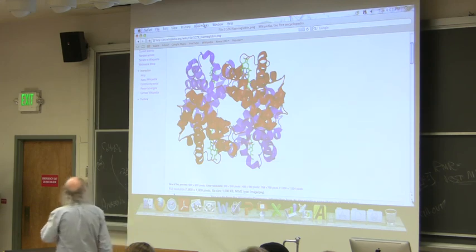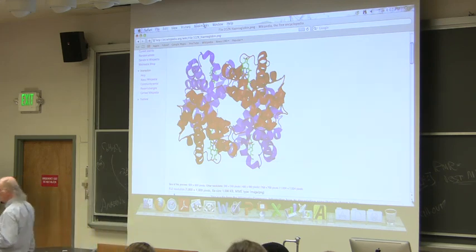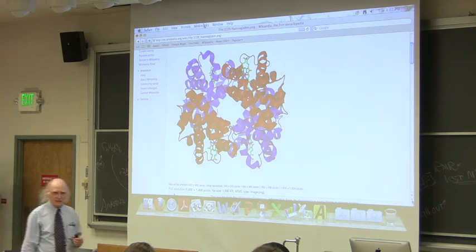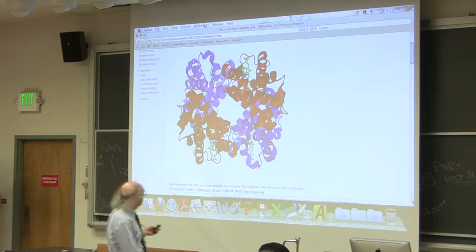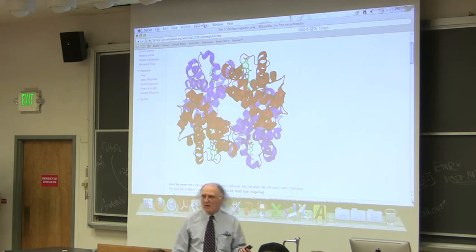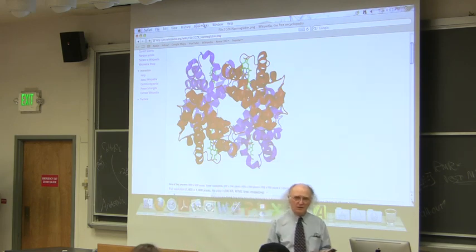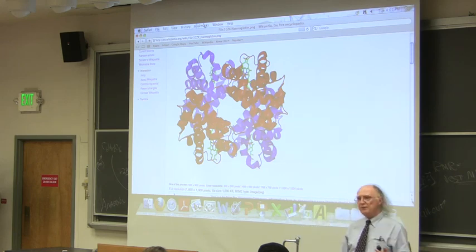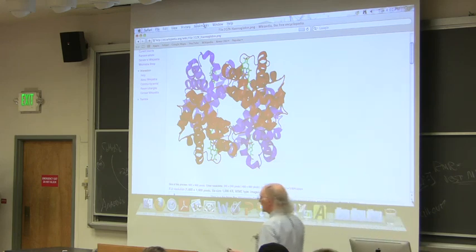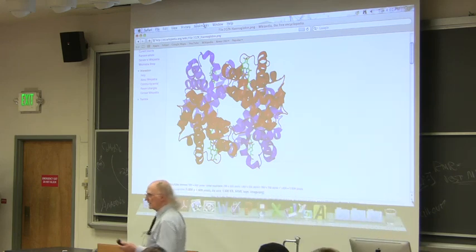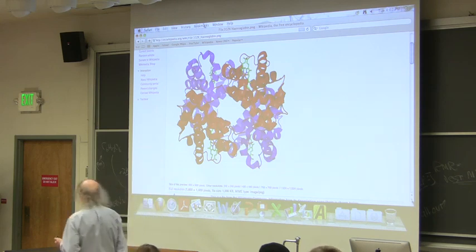The 2 blue subunits are identical. They're known as alpha subunits. And the 2 red subunits are also identical. They're known as beta subunits. So we refer to hemoglobin as something that has a structure of alpha 2, beta 2. Alpha 2, beta 2.